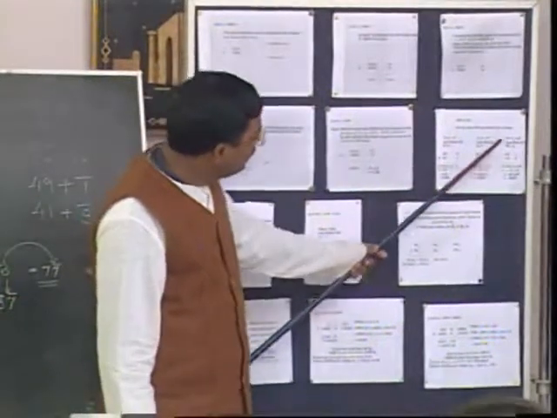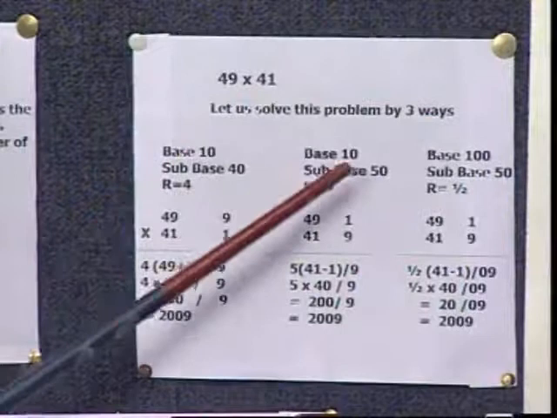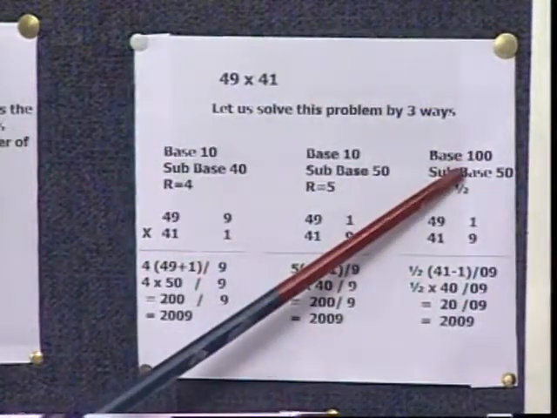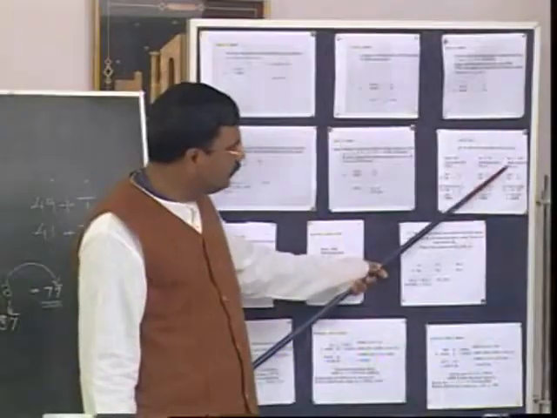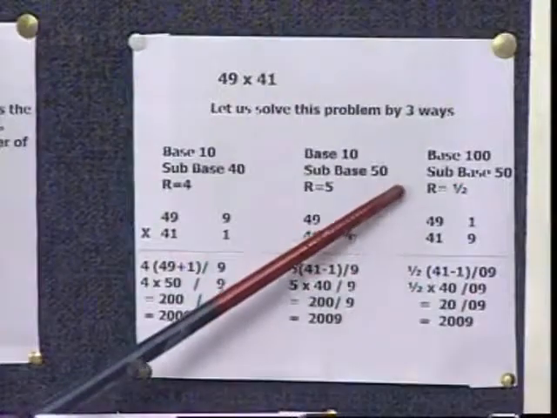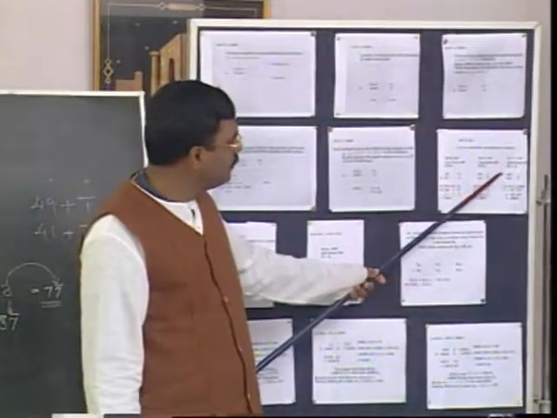Okay? The same number 49 multiplied by 41, you may consider the base of 100. But these two numbers are near to 50. The ratio between these two numbers is 1 by 2.